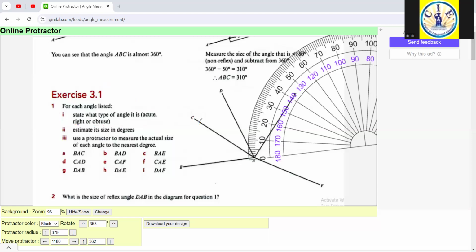First of all, we need to measure angle BAC in part A. This is B, this is A, and this is C. This angle seems to be lesser than 90 degrees, so this is going to be an acute angle, but how do we need to measure it? Let's see.